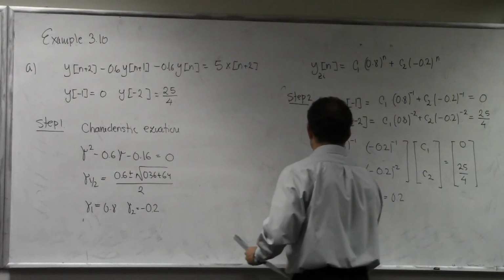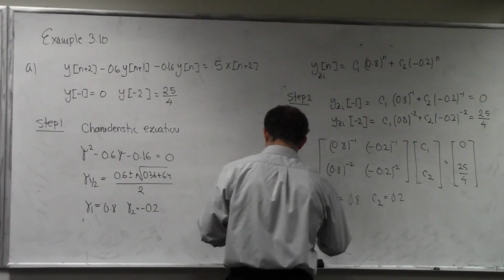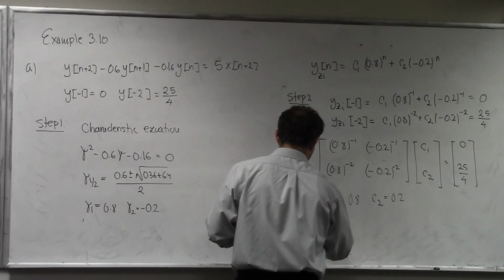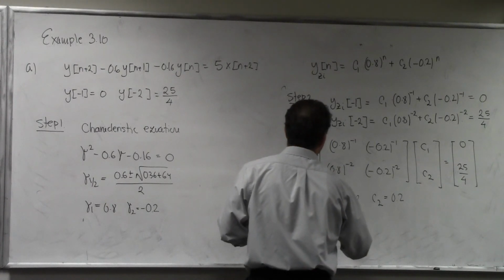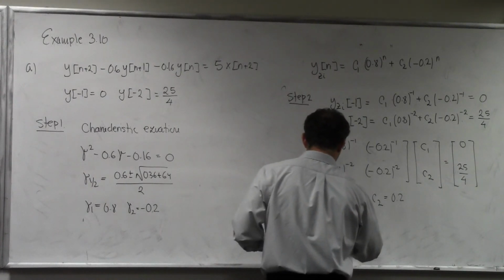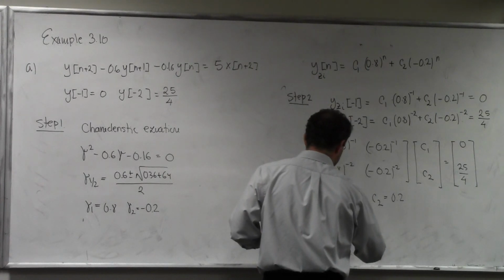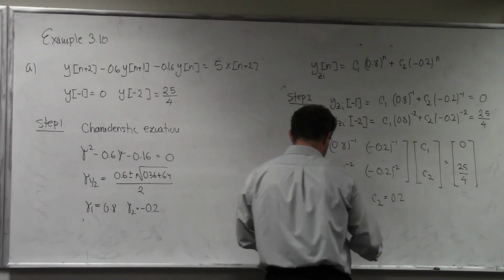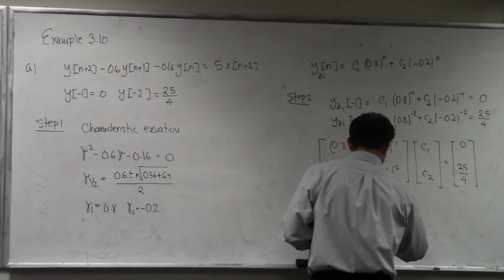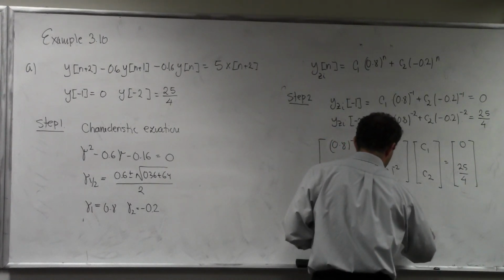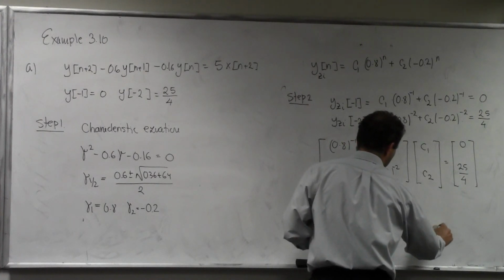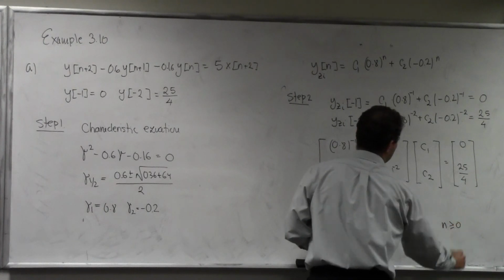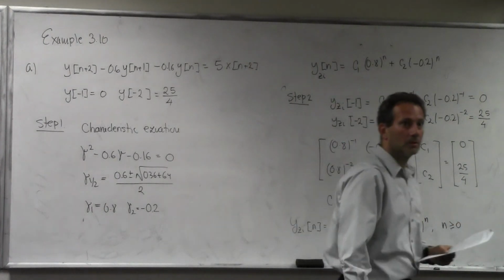So therefore, y zero input of n, in the case of this problem, was 0.8 times 0.8 to the power of n plus 0.2 times minus 0.2 to the power of n. And this is true for n greater or equal to 0. Go ahead.